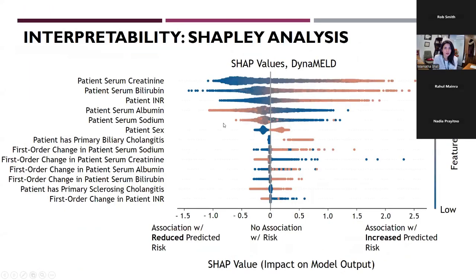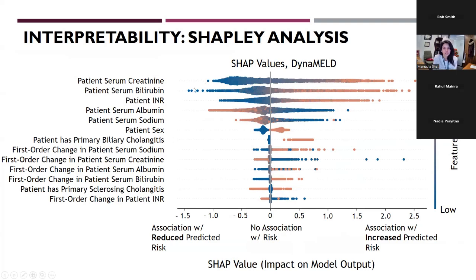Now, what is particularly interesting, I think, in order to create trust in the predictions made by a model, is something called the Shapley analysis. Shapley analysis provides interpretability of ML models. We can do this for the overall population, but we can also do this for individual patients when we generate those individualized predictions.